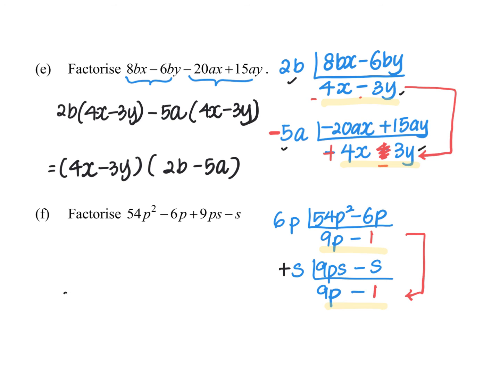For those who are able to see the answer directly through the working, you notice that the common factor is 9p minus 1. Then the other set of factors will be 6p plus s. For those of you who like to write working, instead of this blue color type of working, you can write down your answers.